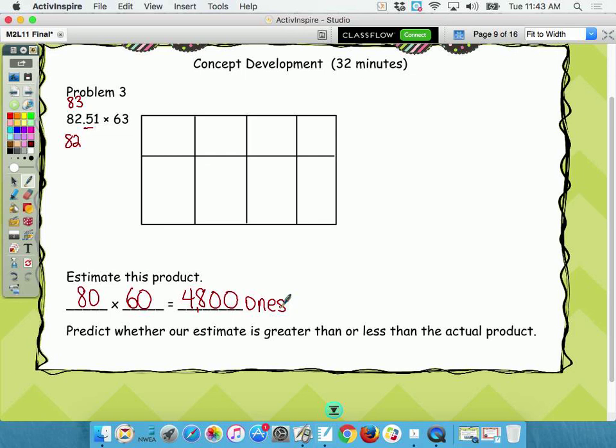Standard algorithm, what am I going to write on the very first line? 8,251. Okay, go ahead and write that. 8,251 hundredths. Times 63.